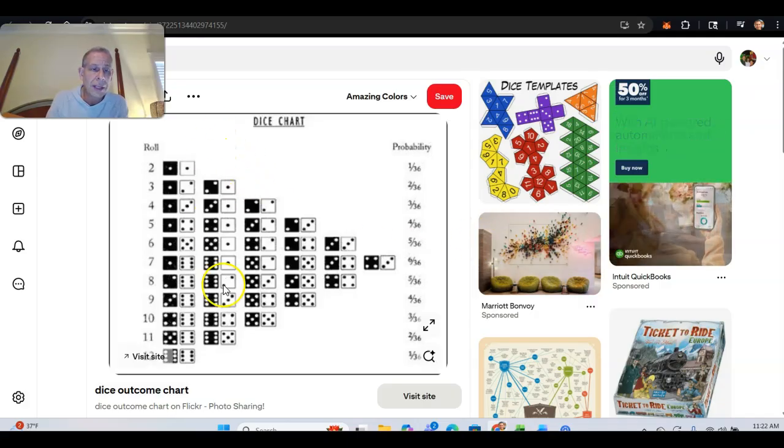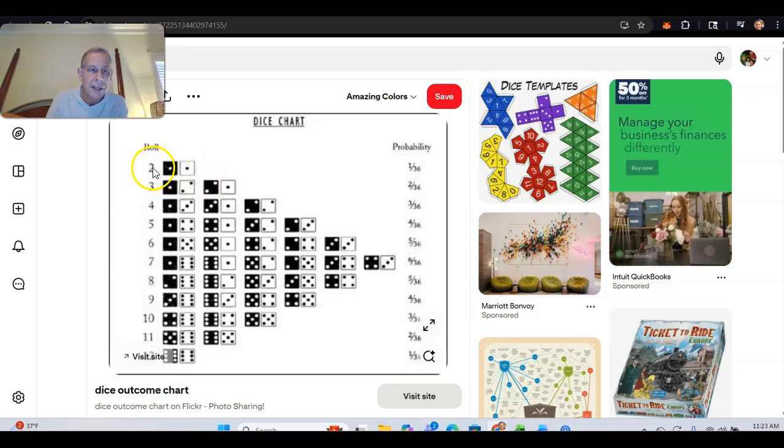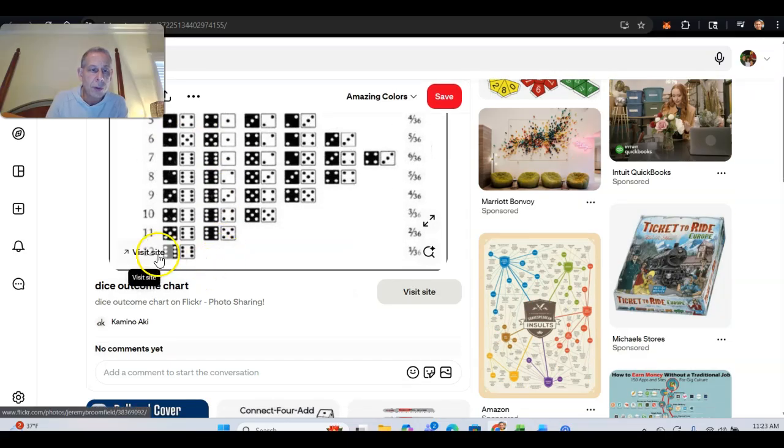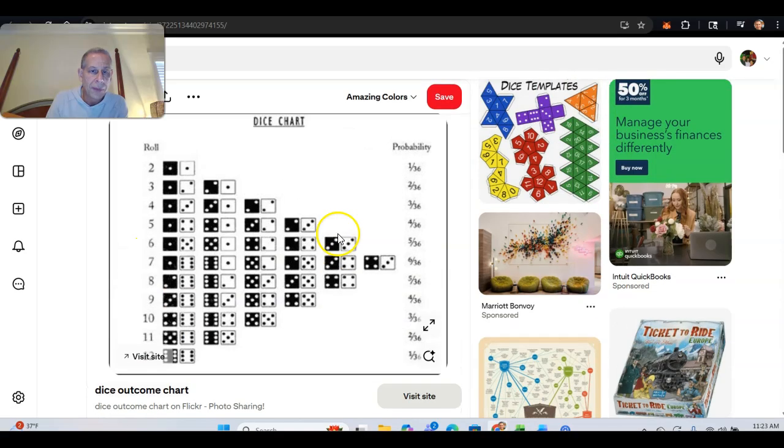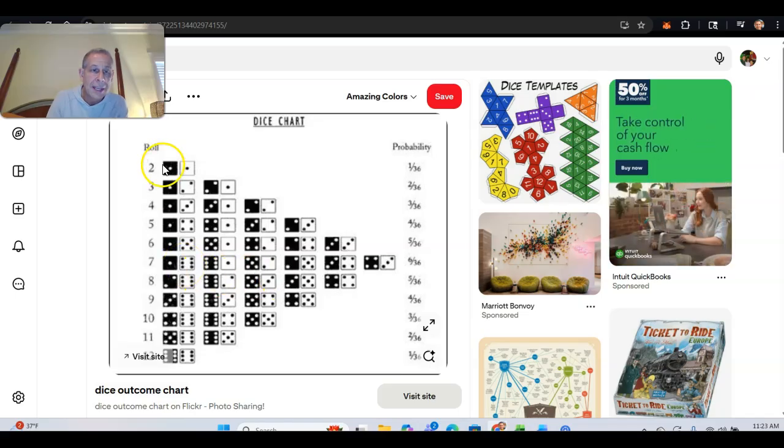All right. What you're seeing are all of the different results that can happen when you throw 2 dice. The lowest you can get is a 2, and the most you can get is a 12. And what you're seeing is the amount of combinations available when you throw 2 dice to get those specific results.